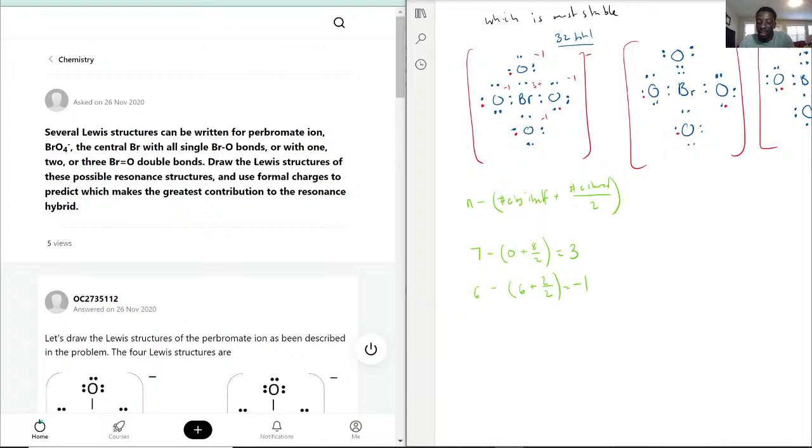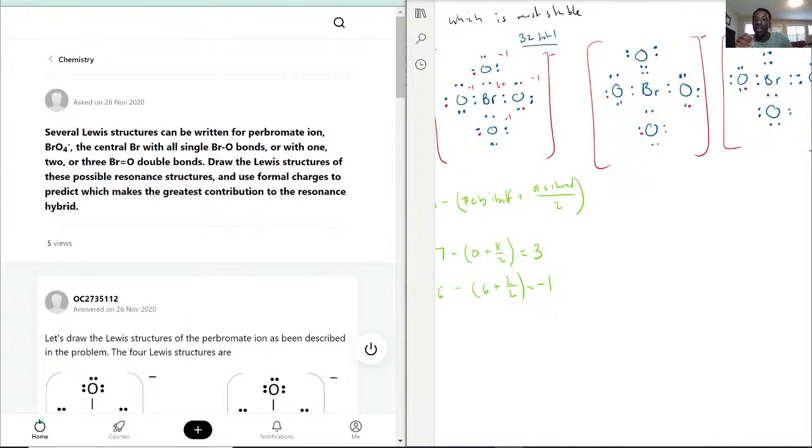As we discussed earlier, this is not as stable as they wanted. Look at how it's distributed: bromine is such a positive number and there are all negative numbers surrounding it. There has to be a way to rearrange it to get some more neutral pieces, and you will see that as we move on.